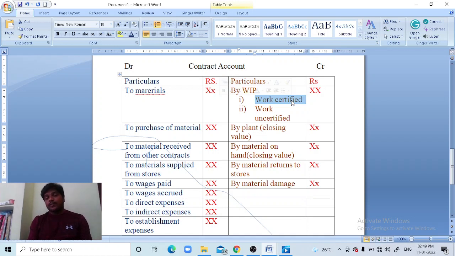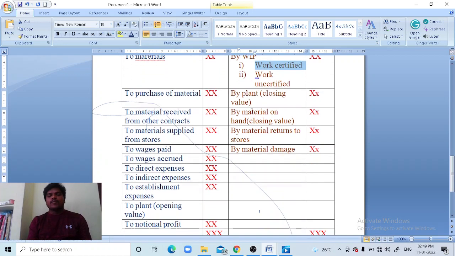It means whatever work is genuine and completed with the requirements of the contractee is called work certified. And work uncertified means work which is not completed with the requirements; it is called work uncertified. We need to take the values of these two, and by plant closing value here.